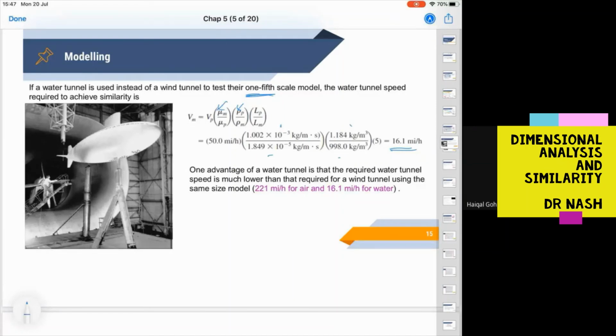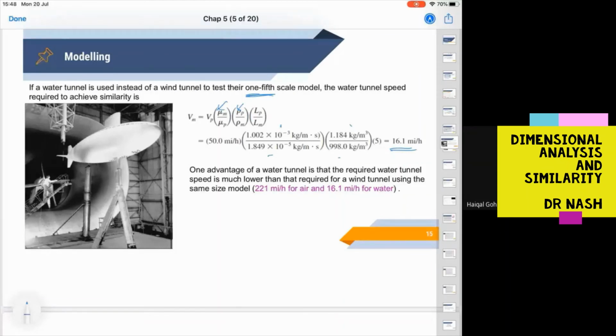And then the output later. Remember, we want to achieve similarity between prototype and model, so that we can make use of the output or the flow pattern that we can have later after that. Okay. All right.